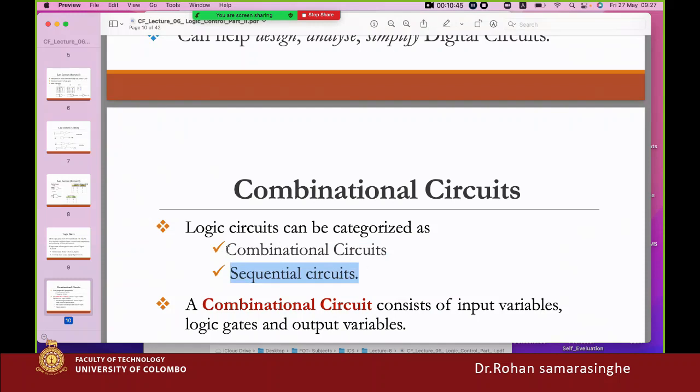Logic circuits can be categorized as combinational circuits and sequential circuits, which you use in electronic and other devices.